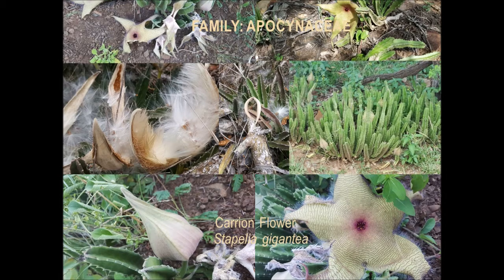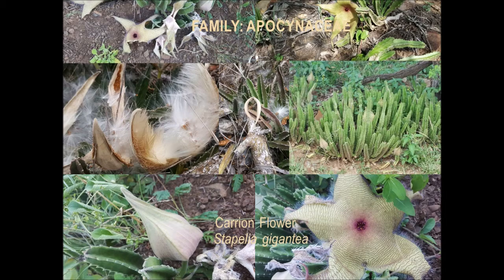From the Apocynaceae, we have the carrion flower, Stapelia gigantea. These have very large flowers that smell like carrion, or dead meat basically, so obviously it attracts flies for pollination, and it is a succulent. That is quite typical of a lot of Apocynaceae, or Oleander family members.